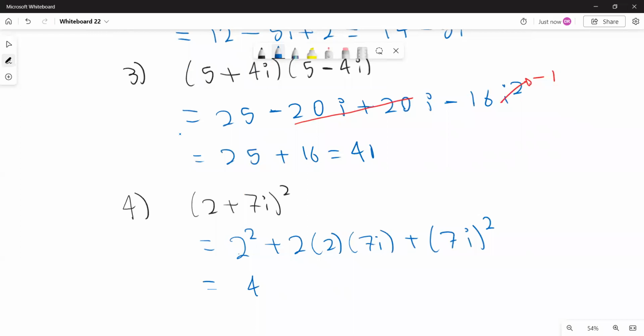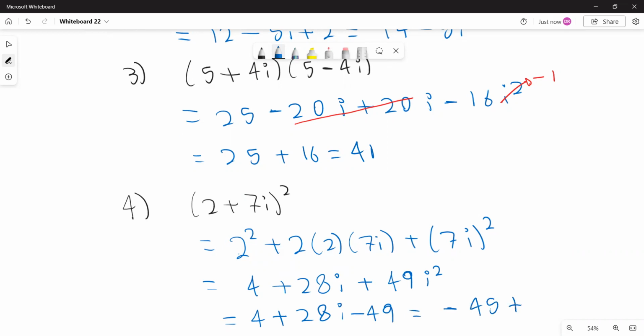So this is 4. 2 times 2 is 4. 4 times 7 is 28. 7 squared is 49 times i squared. So this is 4 plus 28i minus 49, or negative 45 plus 28i.